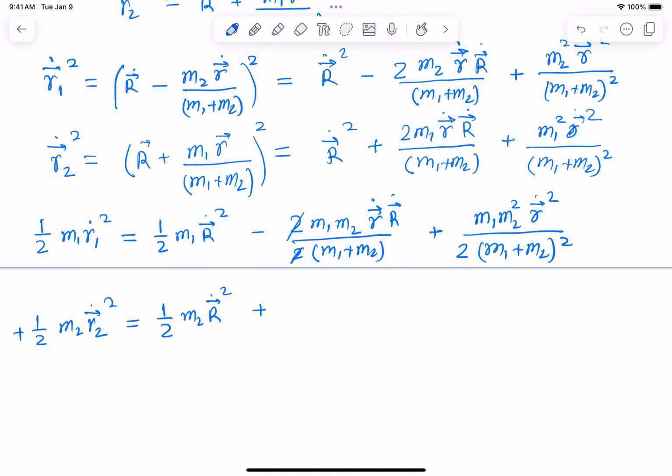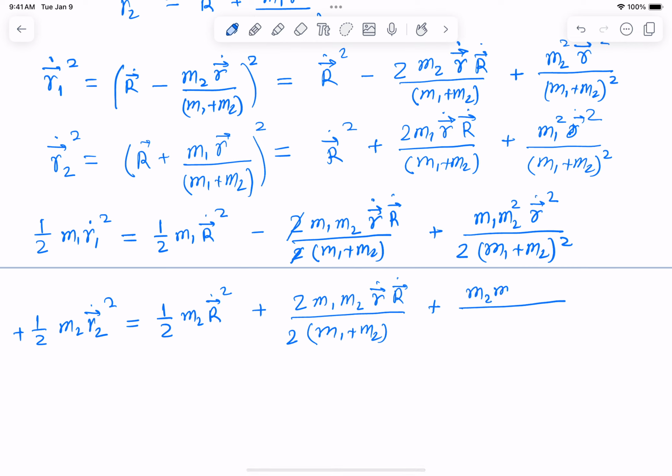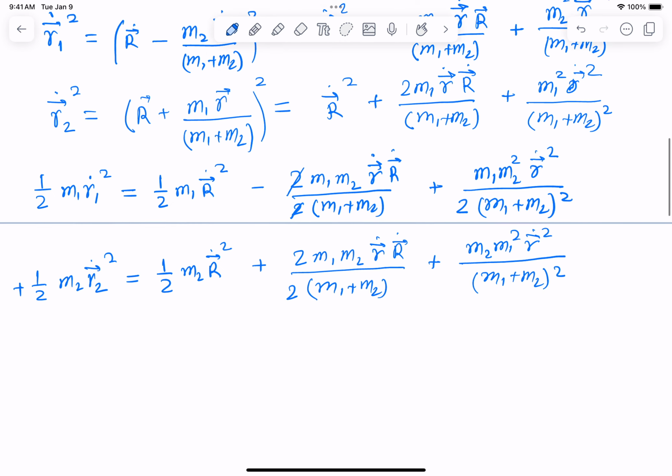You will get a 2 m1 m2 r dot capital R dot by m1 plus m2. There should be a half, plus you will get m2 m1 squared r dot squared by m1 plus m2 whole squared.